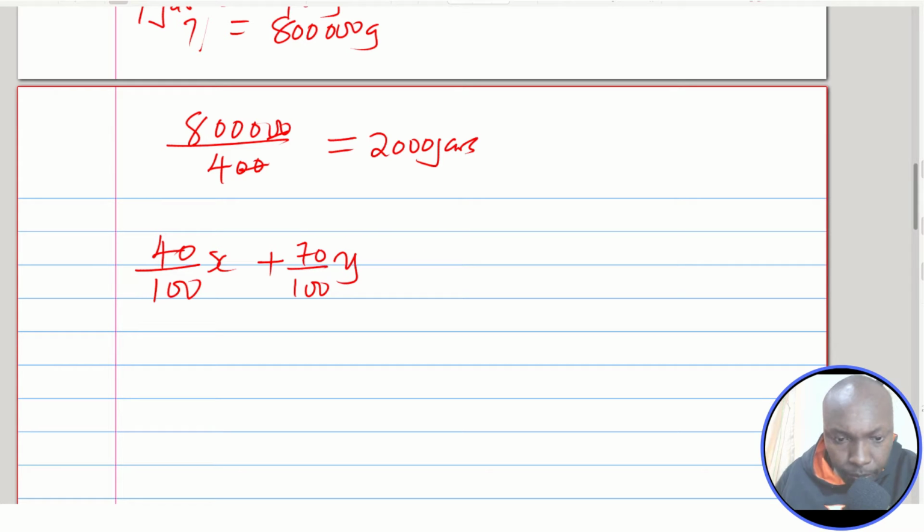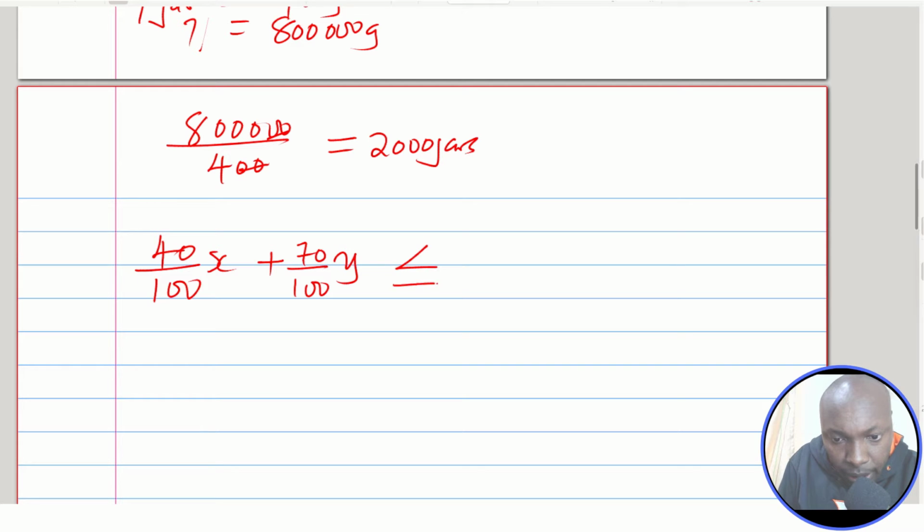And this expression now shows the number of jars produced by mixing 40% of the mango for grade A plus 70% of the mango in grade B. This is the number of jars that are going to be produced.